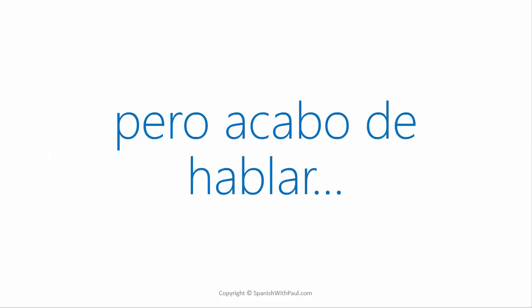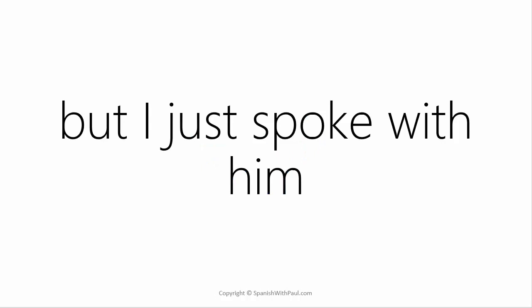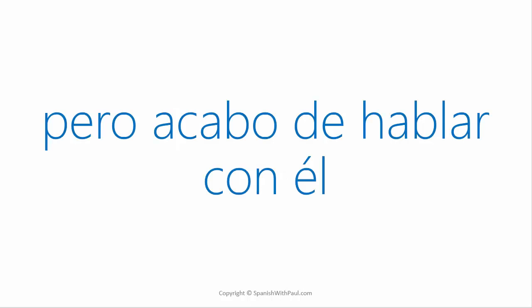So we have pero acabo de hablar. How do you say with him? Con él. Now put it together. But I just spoke with him. Pero acabo de hablar con él.